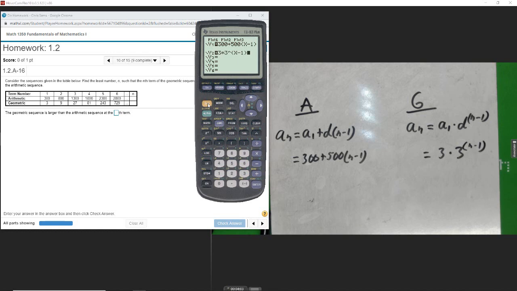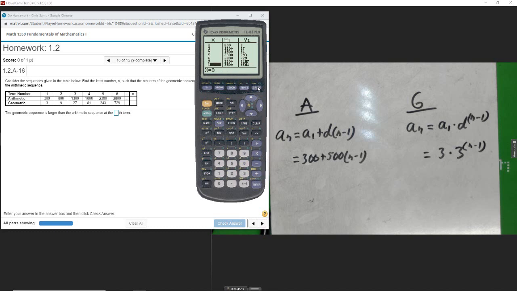Now I'm going to do second and graph to see the table. I'm going to arrow up to start at 1 just to make sure. Notice 300 is the first and 3. Those match up with what we see in the table. Then 800 and 9. So everything is matching. I want to know when the geometric column passes the arithmetic.